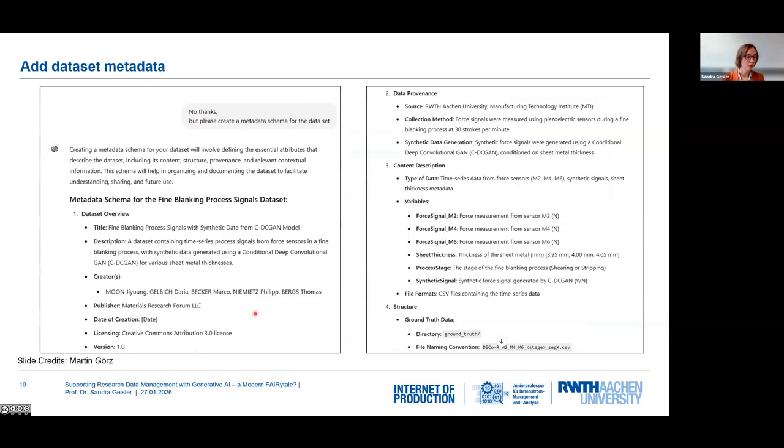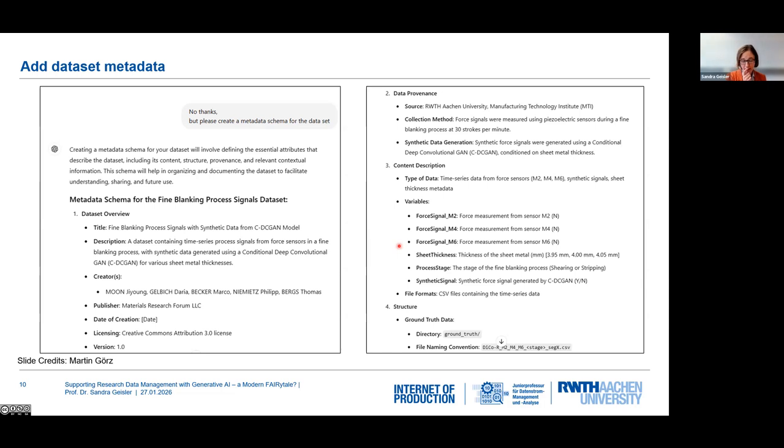So we got metadata for the data set based on the publication, which is relatively easy for an LLM. But some things were not quite good, like, for example, correct identification of the attributes.